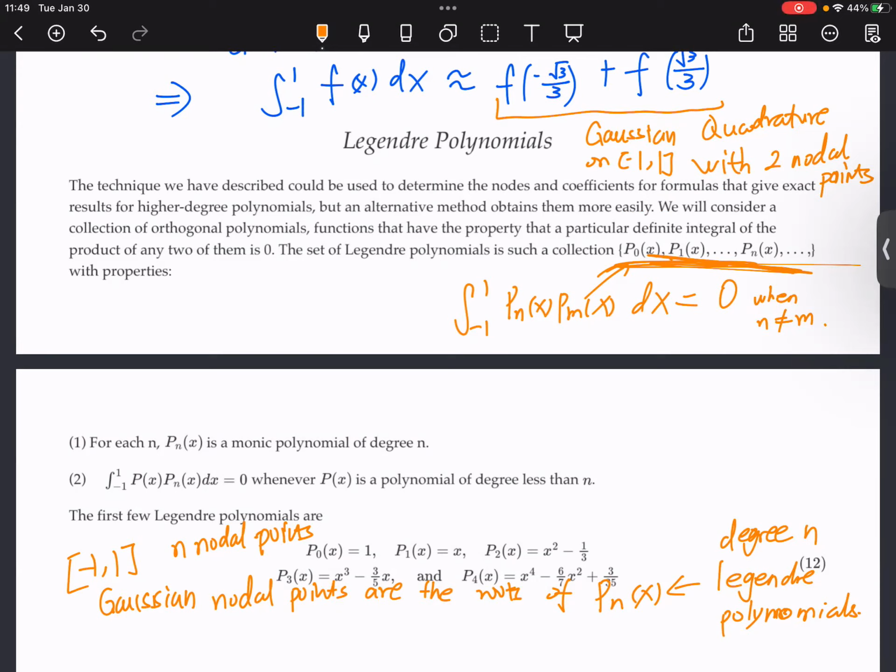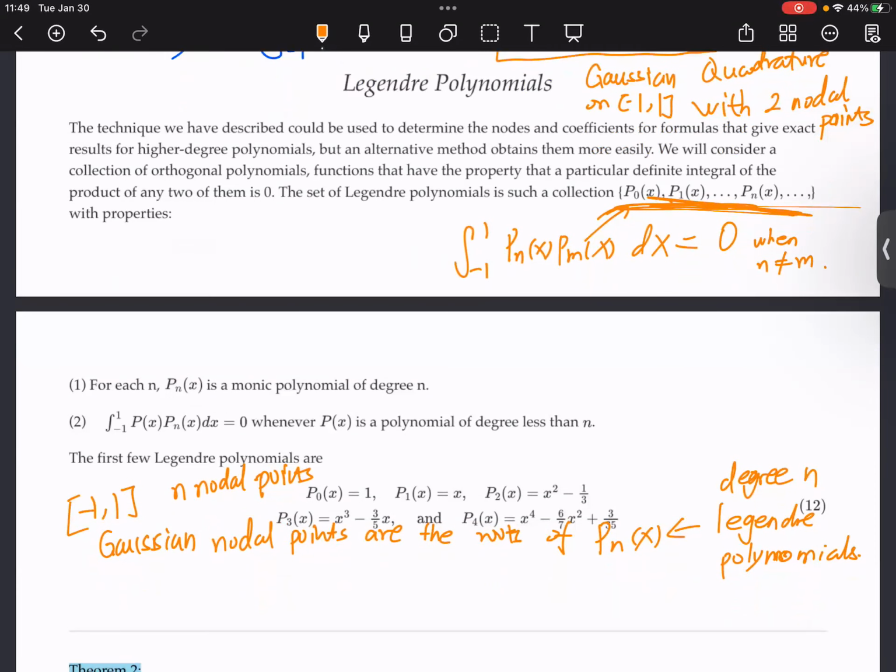And this is the second property here. P(x) is a polynomial of degree less than n, and then Pn(x) is with degree n, right? So why do we have such a property here?